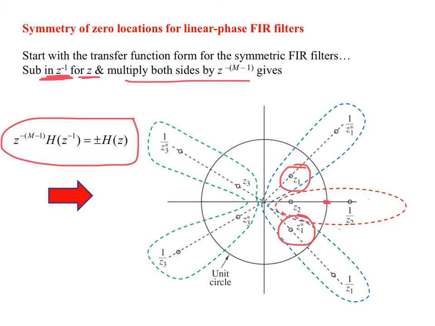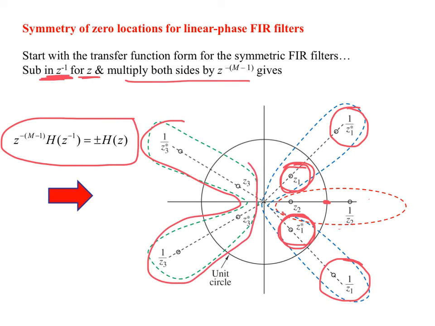But now each one of those has to have its reciprocal. So we have Z1, and its reciprocal would be over here, and Z1 star, its reciprocal ends up over here at 1 over Z1 star. So we have these kinds of patterns, and it doesn't have to be just on the right half side of this complex plane, we could have these four as well. So we see that zeros must show up in certain patterns.